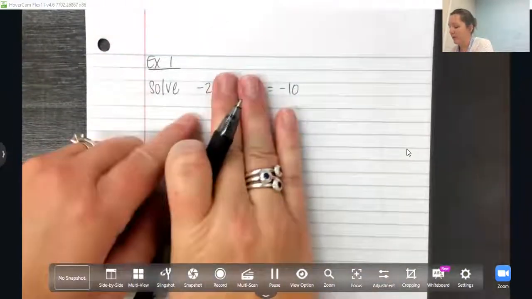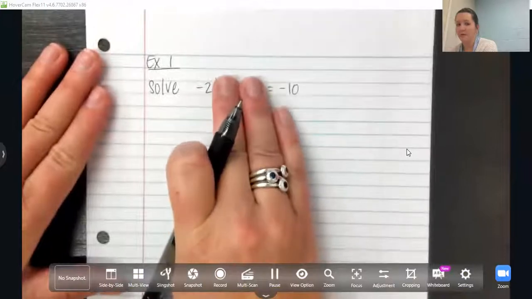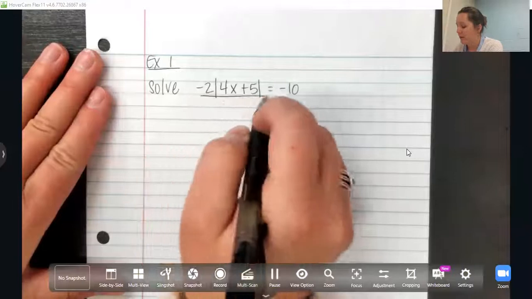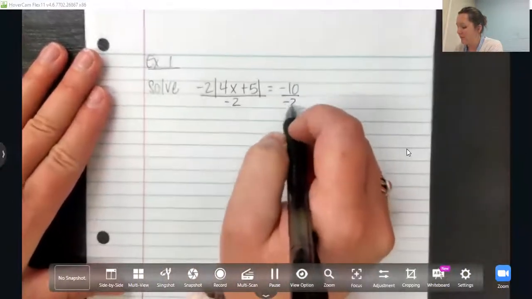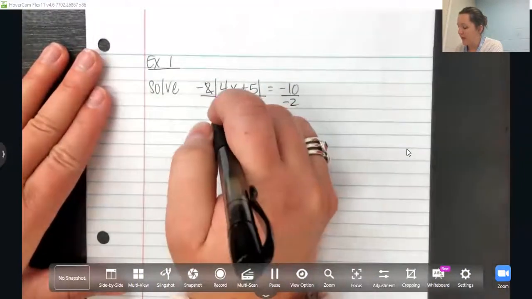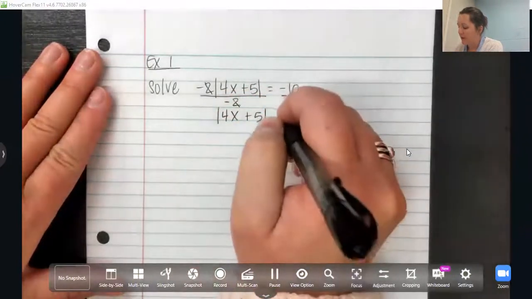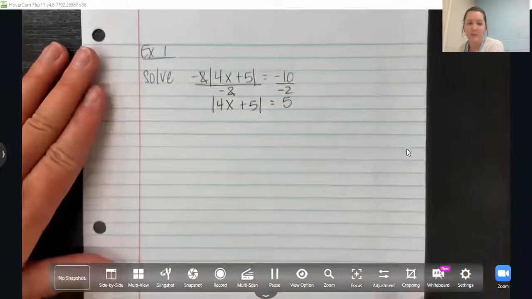So I want to think, okay, what is stuck to the stuff inside my absolute value bars? Well, it's -2 and it's being multiplied. So we're going to divide by -2. That cancels those. So I have the absolute value of 4x plus 5 equals +5, because -10 divided by -2 is +5.